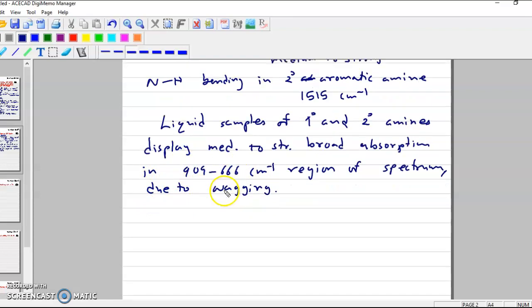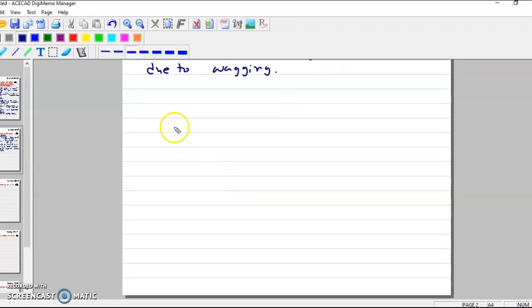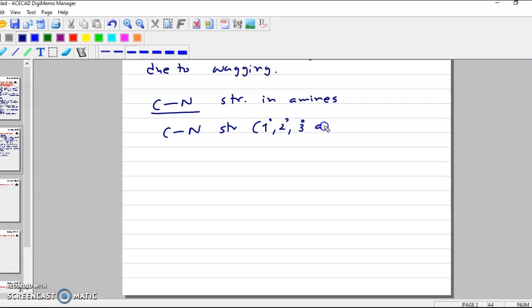Now we will see C–N stretching in amines. You know, there will always be a C–N bond in amines. So C–N stretching in case of primary, secondary and tertiary amines will be between 1250 to 1020 cm⁻¹, and these bands are medium or weak.